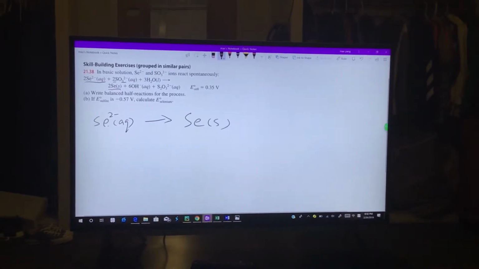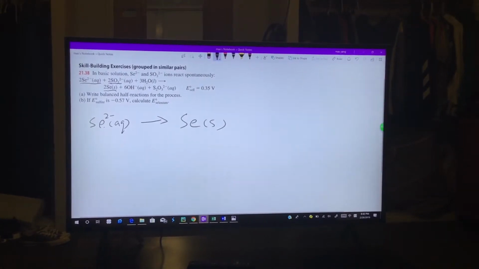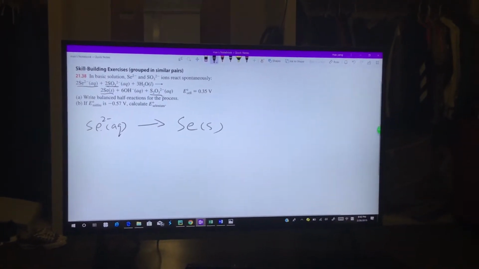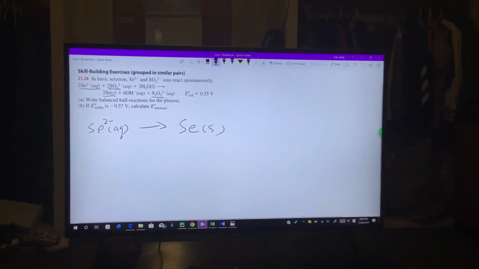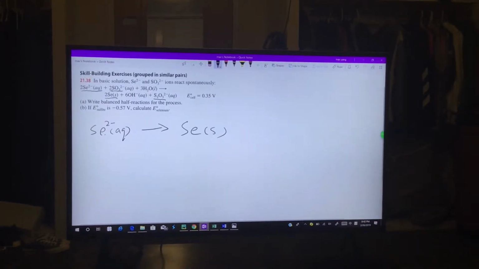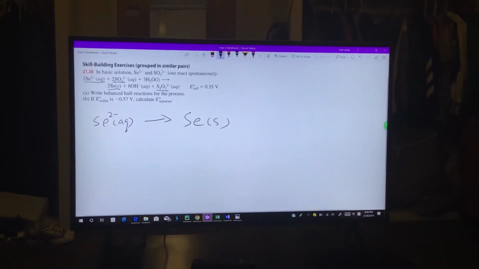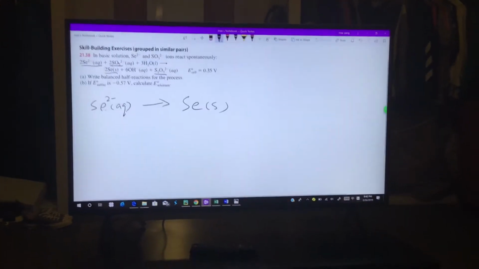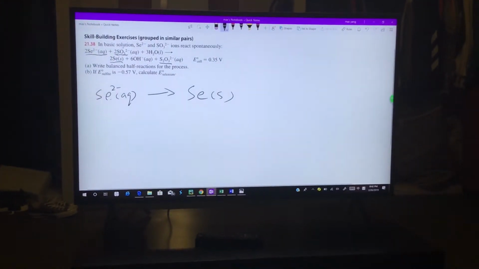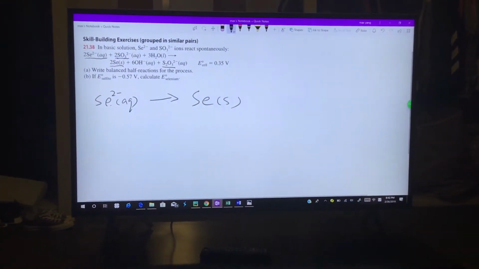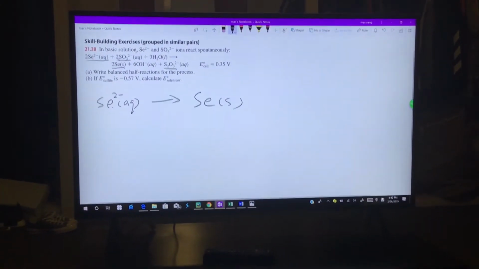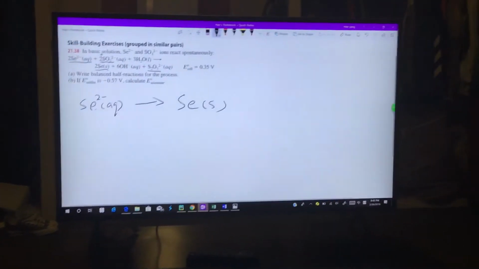For 2SO3 2 minus, it turns into S2O3 2 minus. Well, they're both 2 minus for the charge, but there are 3 O's here, and it's -6 in total, because per oxygen there is -2 charge, which means the S here has a +4 charge.